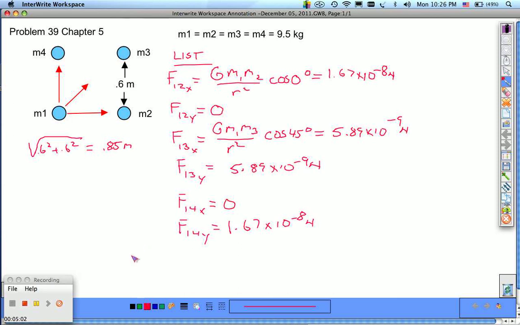Now, let's determine the resultant of all these components. I'm going to have a large radical here so I can park all my components. The resultant is the square root of the sum of the forces in the x direction squared plus the sum of the forces in the y direction squared. But because of symmetry, the sum of the x components is equal to the sum of the y components.